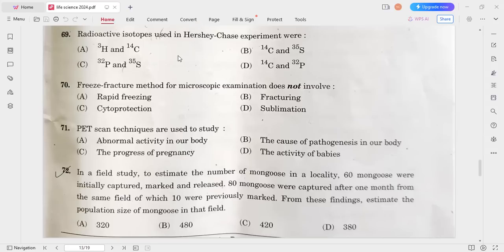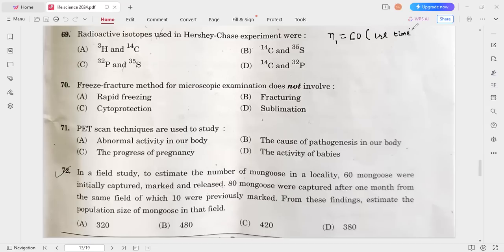So here we have to find out the population size. First, write down based on the question. In the field, estimate the number of mongoose in a locality. 60 mongoose were initially captured. So here N1 is 60, which is caught the first time.